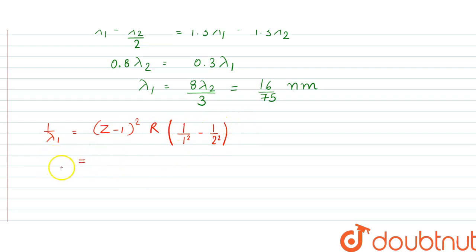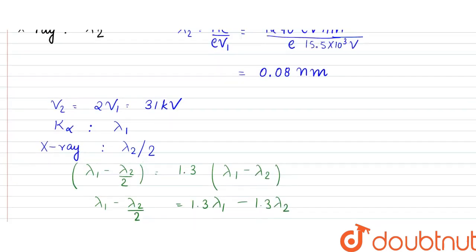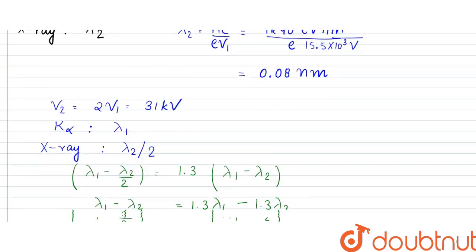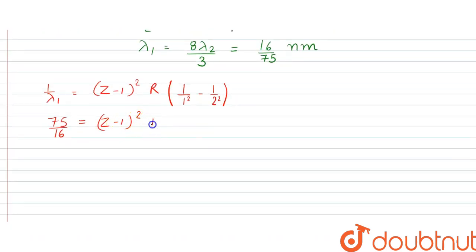Since 1 by lambda 1 can be written as 75 by 16, that equals Z minus 1 the whole square into R. R here is 10 to the power 7 per meter. Since it is in nanometers, we write 75 by 16 into 10 to the power 9. In the bracket it would be 1 minus 1 by 4, so that is 3 by 4.